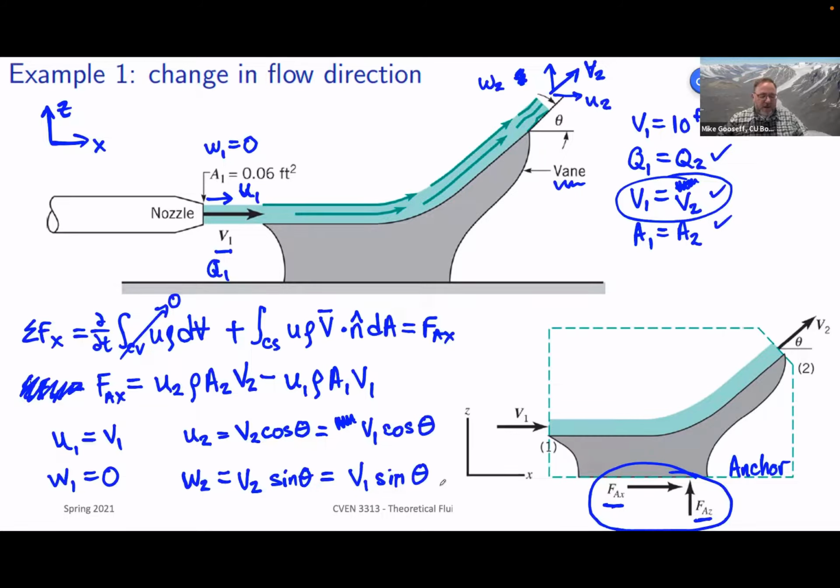On the next slide, what we're going to do is take this all the way through to a term in which we are coming up with F_AX in terms of theta. So we're going to plug in U2 here and U1 over there and work this out so that we get an answer that's a function of theta, which isn't perfect, but this will allow us to at least look at the difference between these two, the F_AX and the F_AZ.